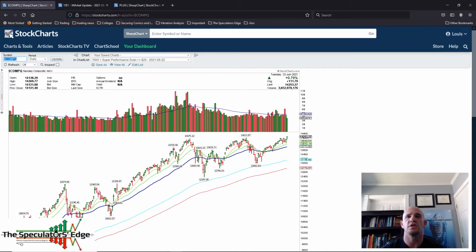But this is good to see. This is what we want to see. We want to see these high growth names. So there is money being put into growth stocks, kind of rotating from value stocks to growth stocks.